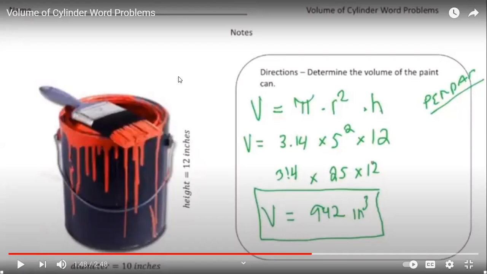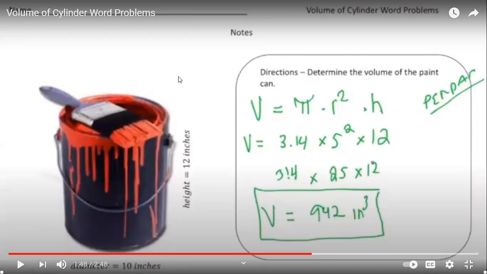Why do we have to calculate the volume for the paint can? To know what? How much paint to put in the can. Very good. You know how much paint we have to put inside this can, right? We will not take it by luck.